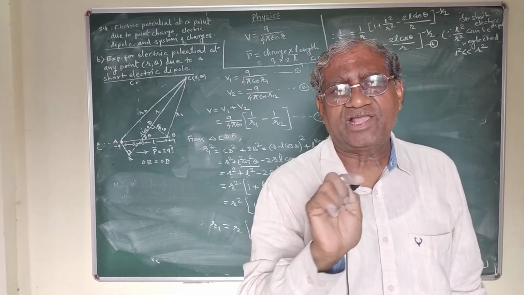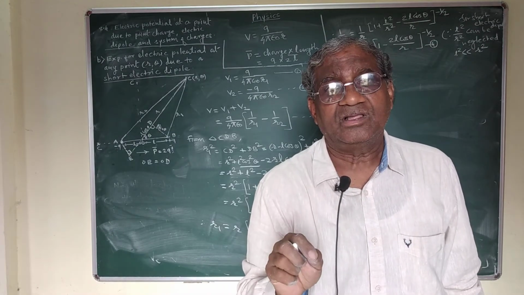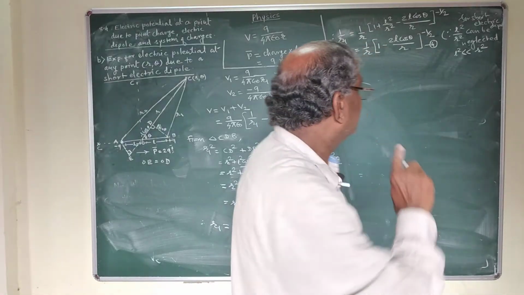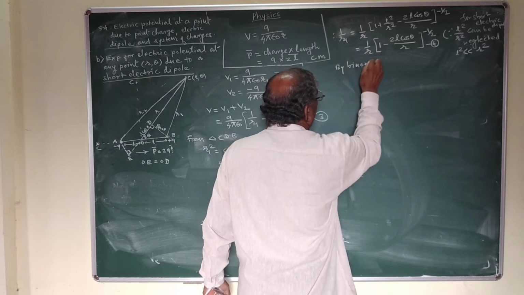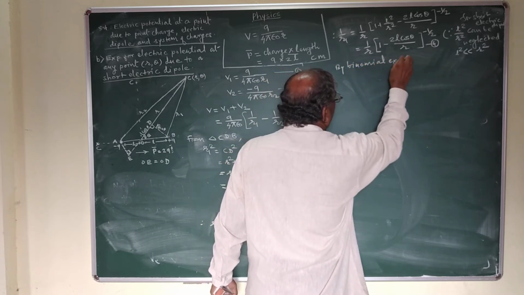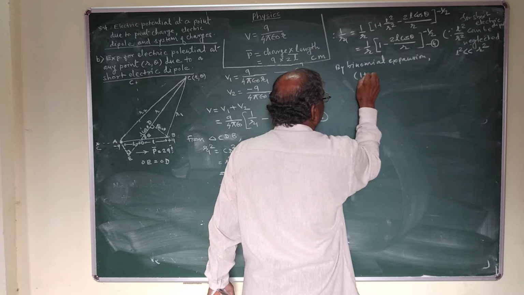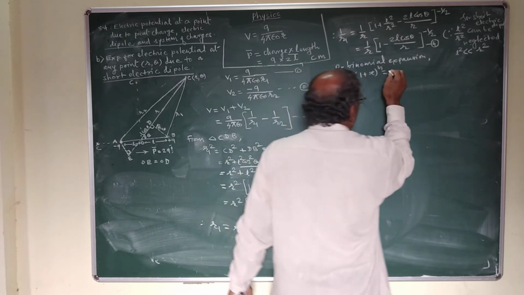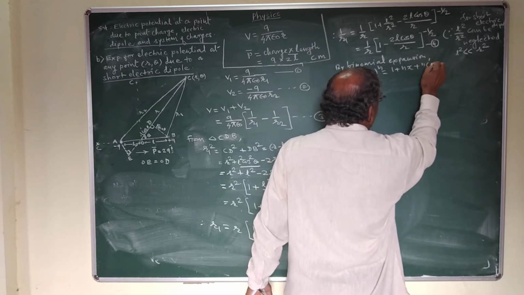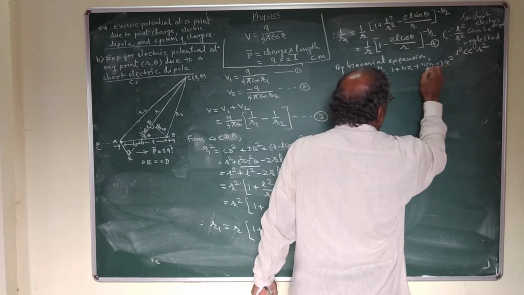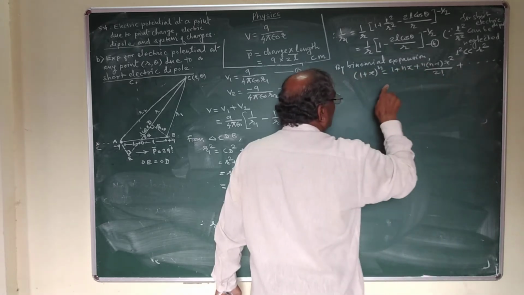You know the binomial rule for expanding any term: 1 plus x to the power n is equal to 1 plus nx plus n into (n minus 1) into x square upon factorial 2, plus so on. This is the binomial rule.